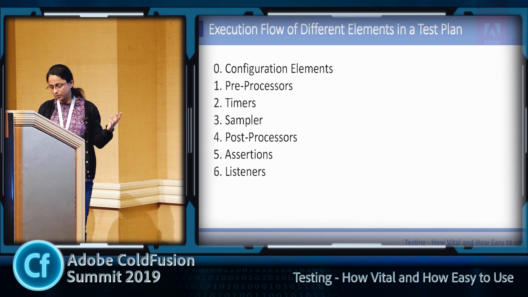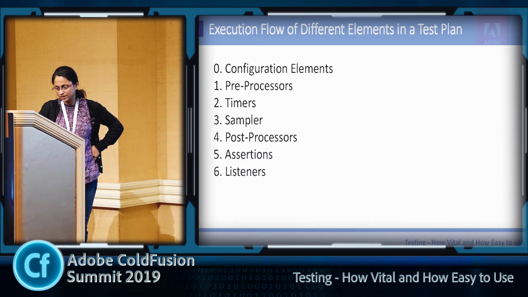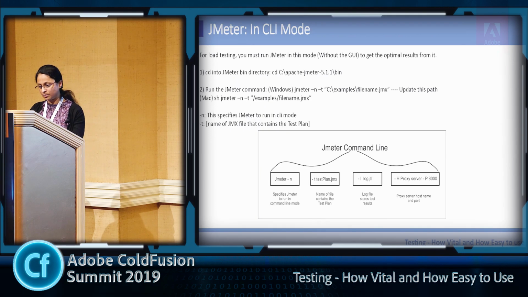We already looked into the test plan, thread group and stuff like that. If you want to run it in CLI mode for load testing, it is recommended that you use the CLI mode and not the GUI mode, because GUI mode is very memory consuming. It's okay when you're setting up your test, it's fine to run it in GUI mode, but otherwise you should run it from the command line. And the command is very simple.